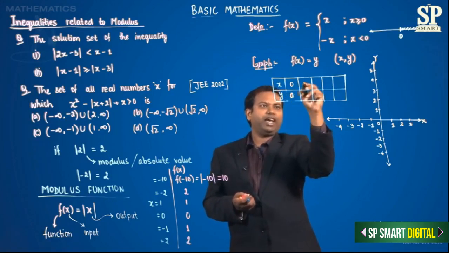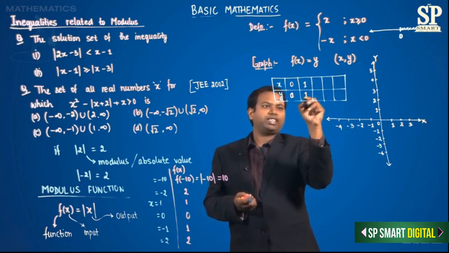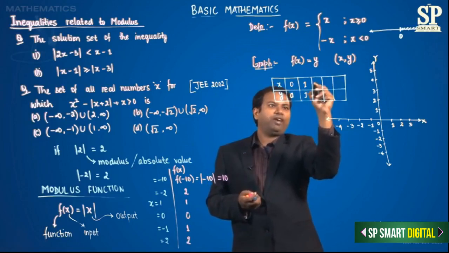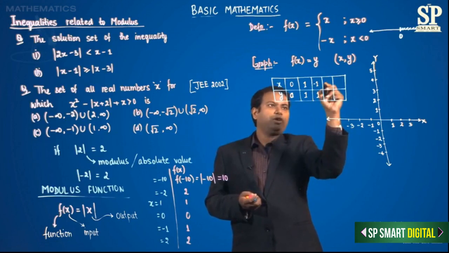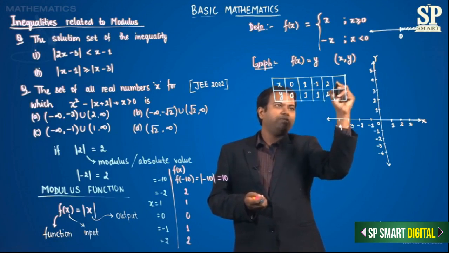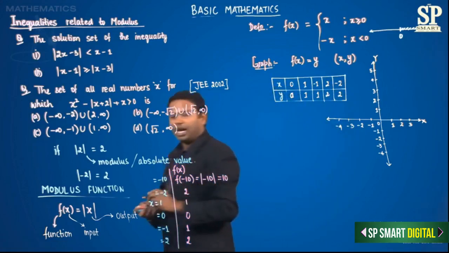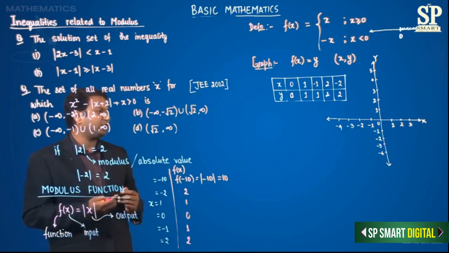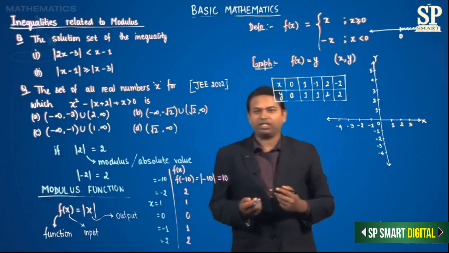We take the value of x as 1. We get the value of y as again 1. We take the value of x as minus 1. We get the value of y as 1. We take the value of x as 2. y is 2 again. If we take x as minus 2, y is 2. So these are some of the inputs and the corresponding values that we obtain by using the modulus function.